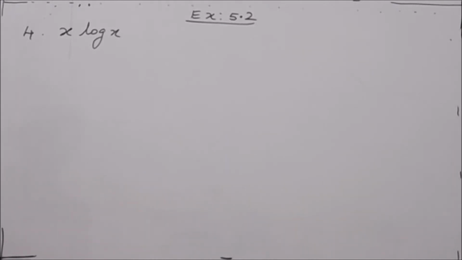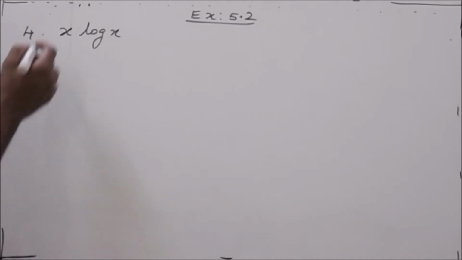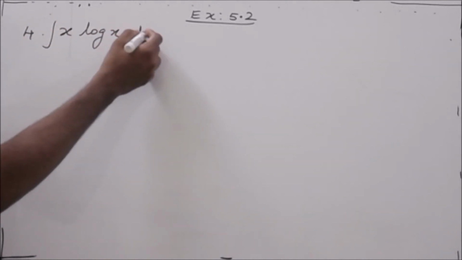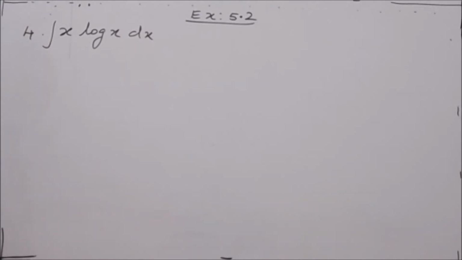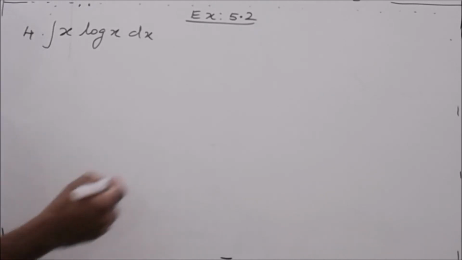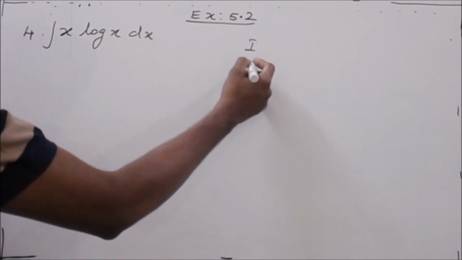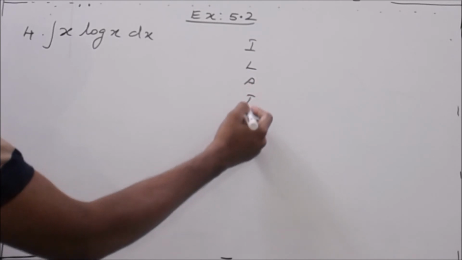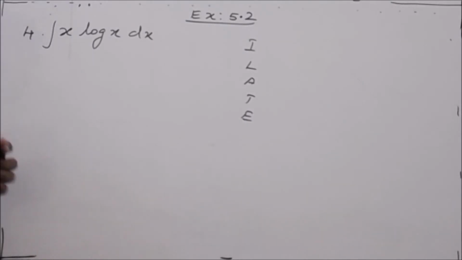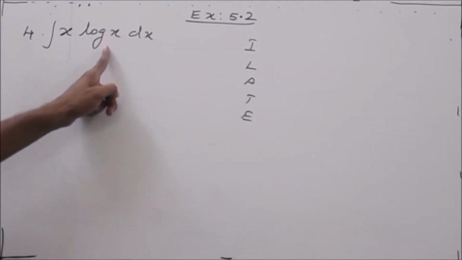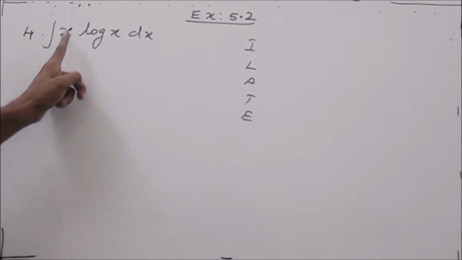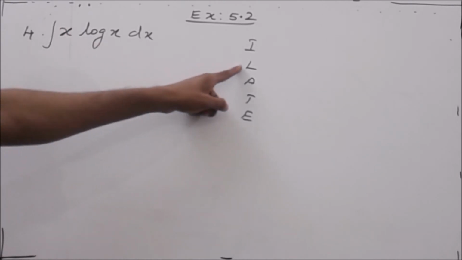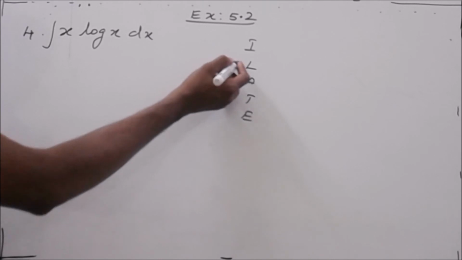Question number 4: find the integral of x log x dx. By the order of priority, log, inverse, algebraic, trigonometric, exponential, here logarithm and algebraic appear. So logarithm is given priority.